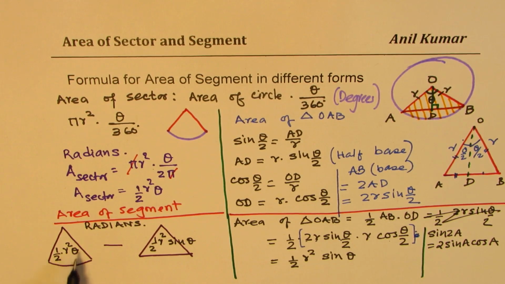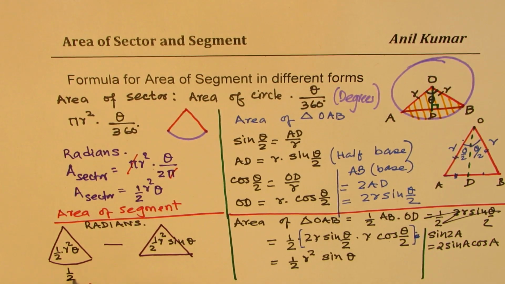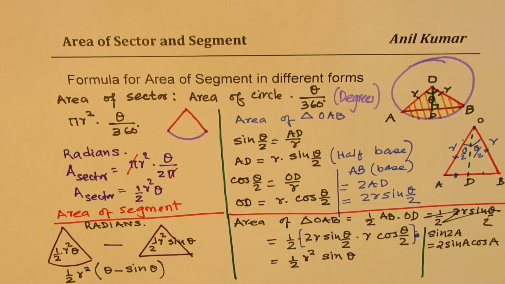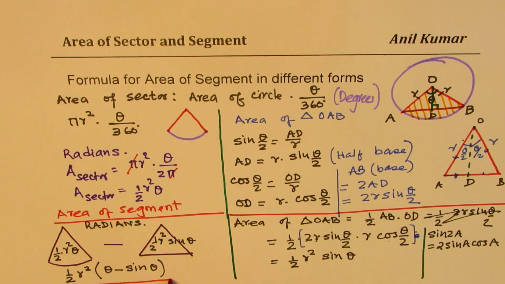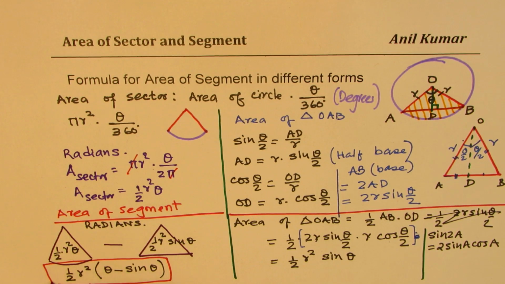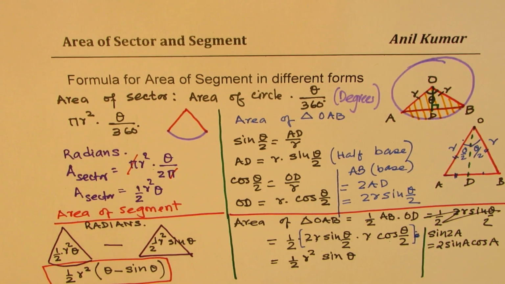So you could take half r squared common, and what you get is theta minus sine theta as your answer. So in radians, the answer is so simple. For the area of the segment, you get an idea, right? So that is what I wanted to show you, correct?